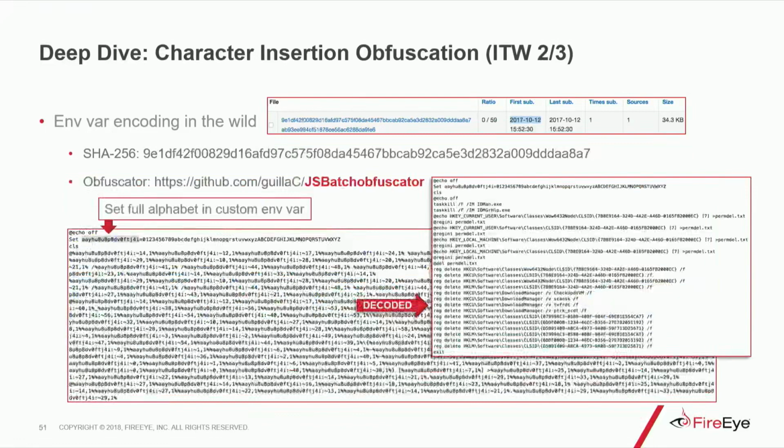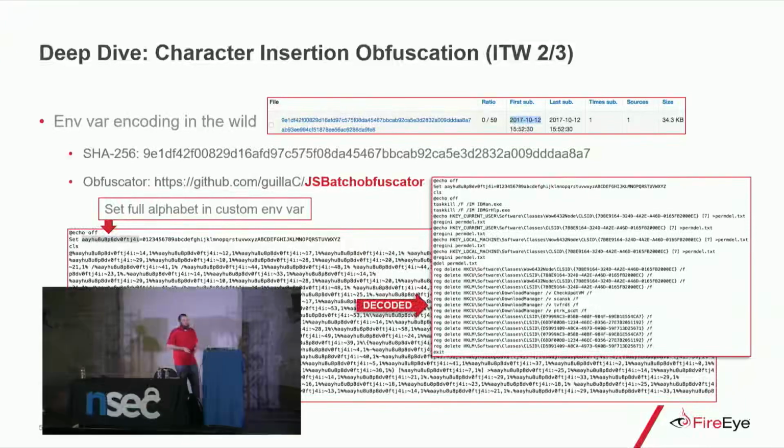This next one is really cool. This one actually is used a lot, and even by a couple of interesting Chinese APT groups using a variation of this tool. JS Batch Obfuscator was written 2.5 years ago. It's up on GitHub. It's less than 50 lines of code, but it's a really cool tool just for obfuscating batch files.